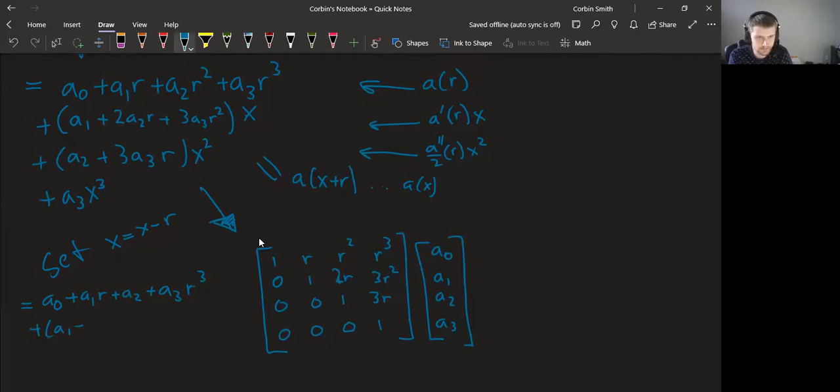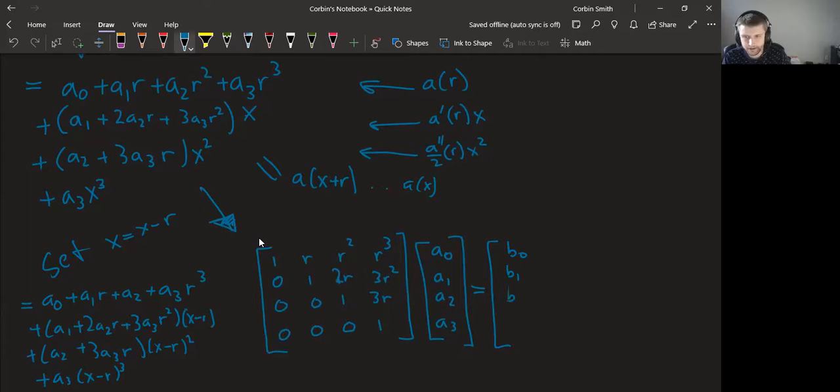And we'd get the derivative evaluated at x minus r, r squared times x minus r plus a2 plus 3a3 r times x minus r squared plus a3 x minus r cubed. So we've succeeded in writing it in the new basis, right? Just by using Lagrange's trick.